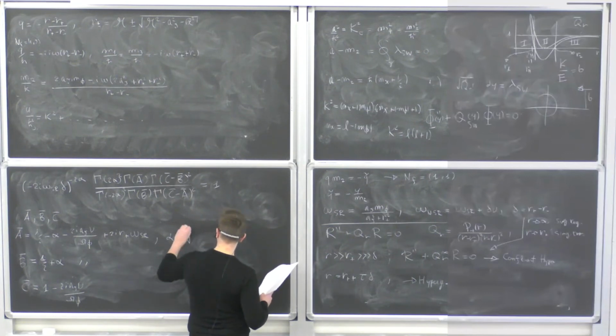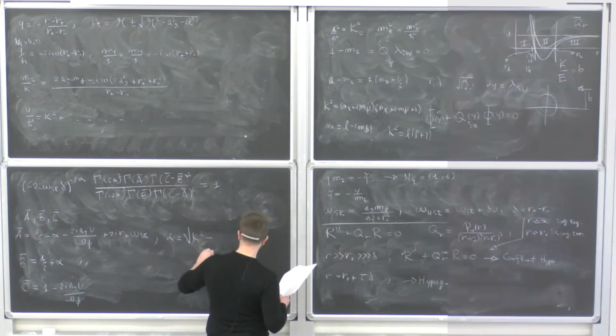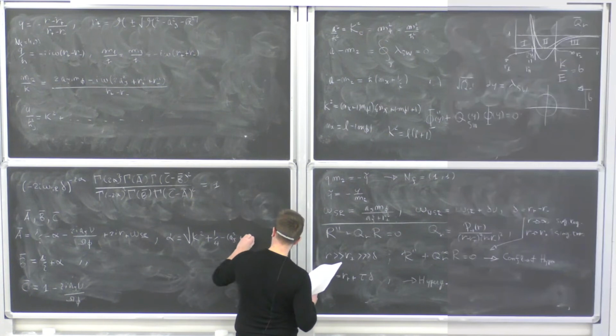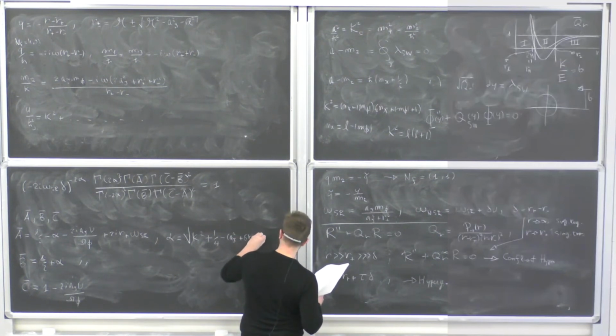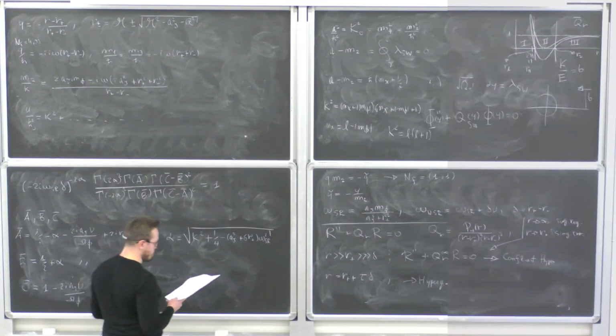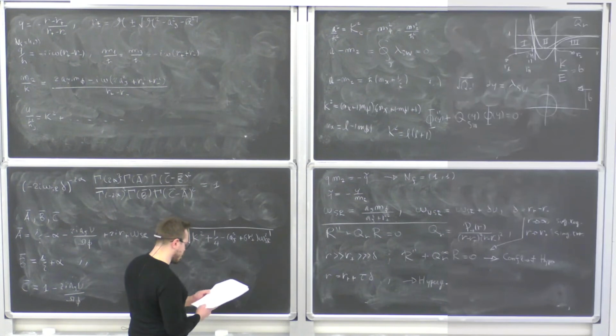Alpha is this relation here. You can easily derive all of these relations by looking at the equations, and it is done in the notes, but it would be very lengthy to do it on the blackboard.